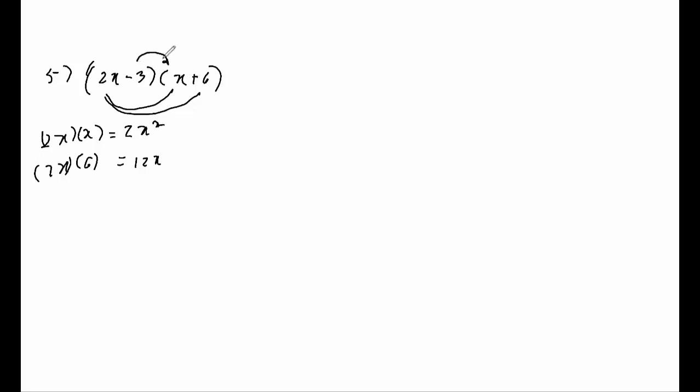And here we have negative 3 times x is equal to negative 3x. And then finally, negative 3 times 6. So the negative 3 times 6 will give us negative 18.